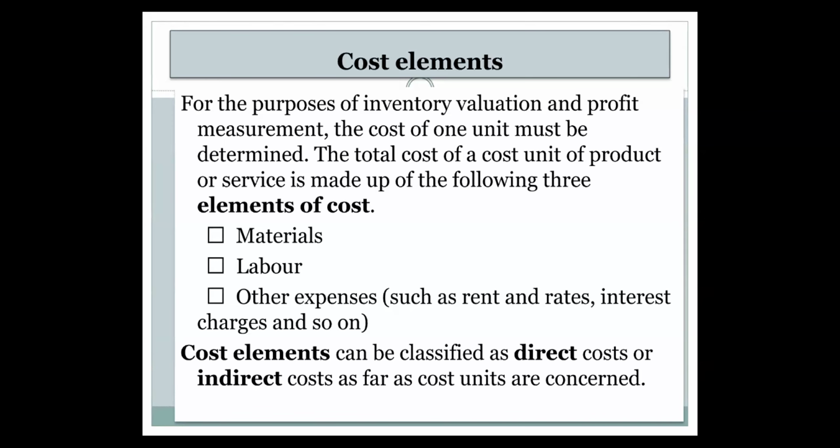We can relate easily to material and labor. But what about other expenses? Other expenses are defined, for example, as rent, rates, interest charges, and so on. So cost elements can be classified as direct cost or indirect cost as far as the cost unit is concerned.